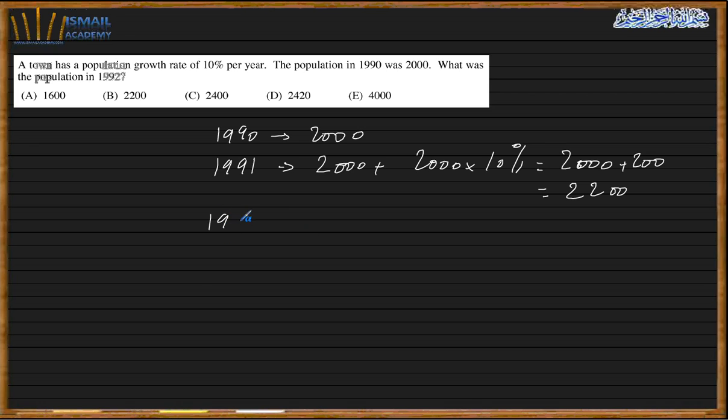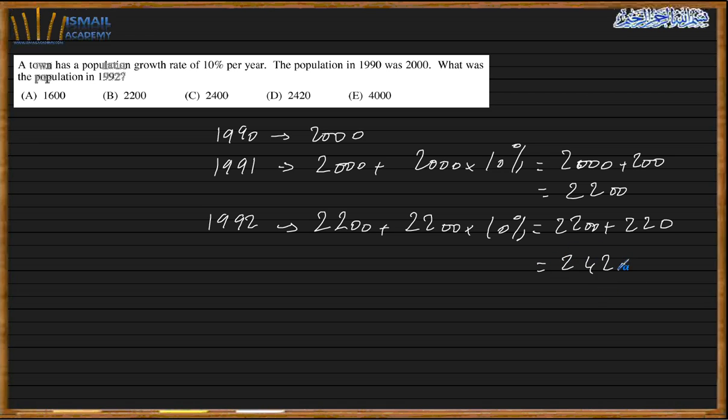So in 1992, I pick that number, 2200 plus 2200 times 10%. So it's going to be 2200 plus 220. Now I add, it's going to be 2420. So this is the population in 1992. So the answer is D.